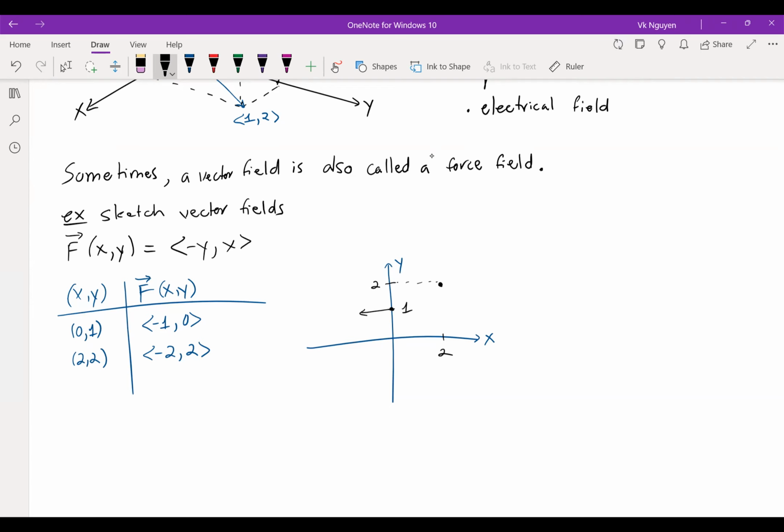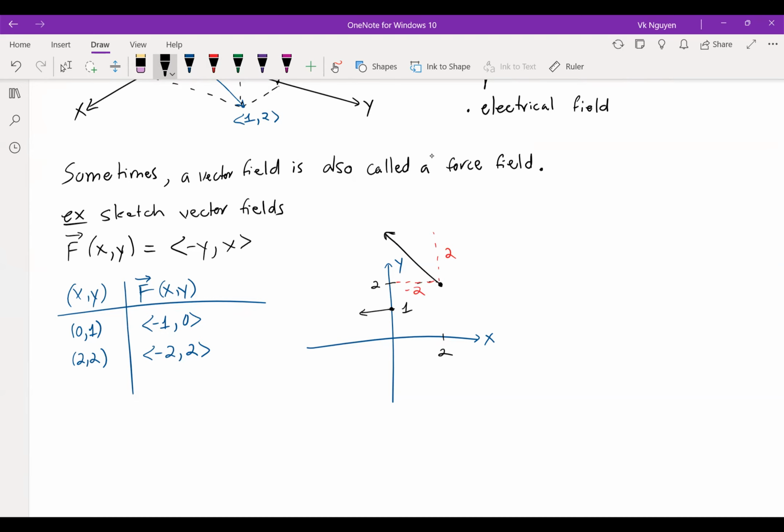So the vector is gonna be this vector right here. And when you connect all the vectors together, you're gonna get a vector field.